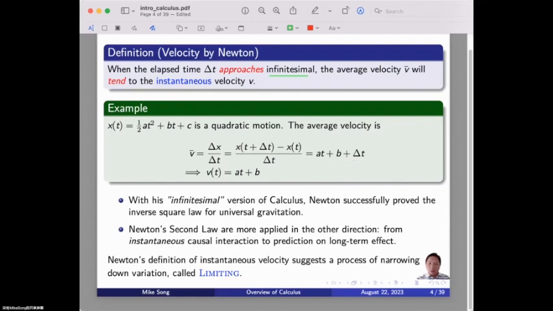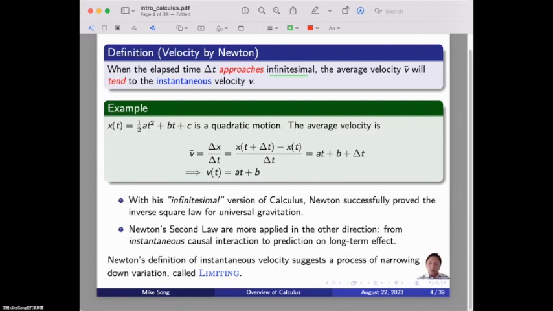By dropping the infinitesimal delta t, we will get the instantaneous velocity v t equals a t plus b. And using his infinitesimal version of calculus, Newton further successfully proved the inverse square law for universal gravitation, quite an astonishing result at his time.